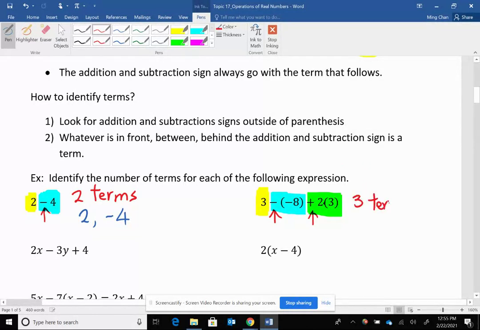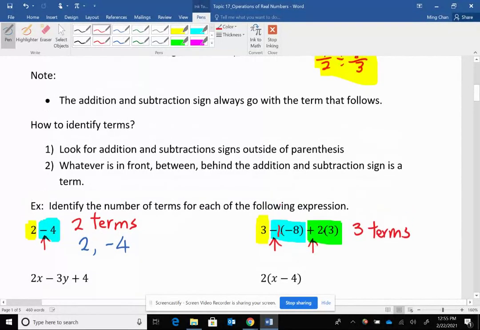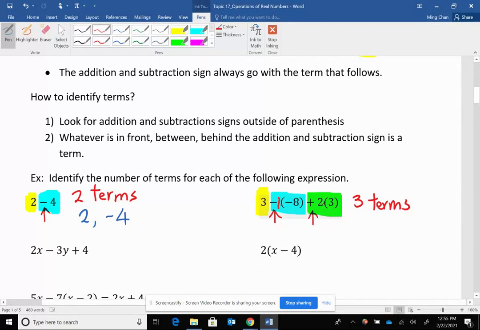What are my 3 terms? A positive 3 and a negative. How would you say this term is? This is negative how much? This is actually negative 1 times negative 8. Well, Mr. Chan, how do you know there's a 1 there? Well, if it wasn't a 1, they would have told me there's another number there.